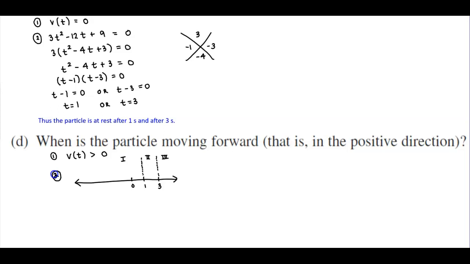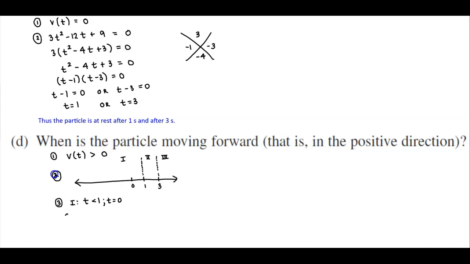If we pick a value in region number 1, let's say a value where t is less than 1, so we can pick t equal to 0, let's plug it into our function.